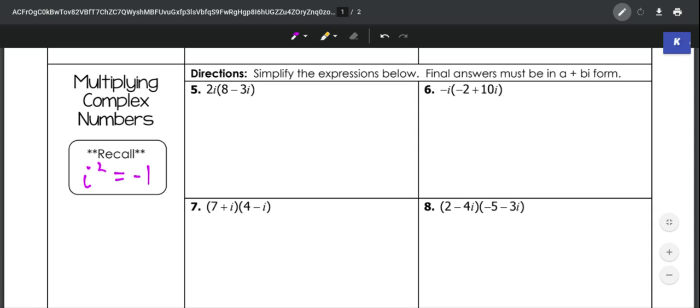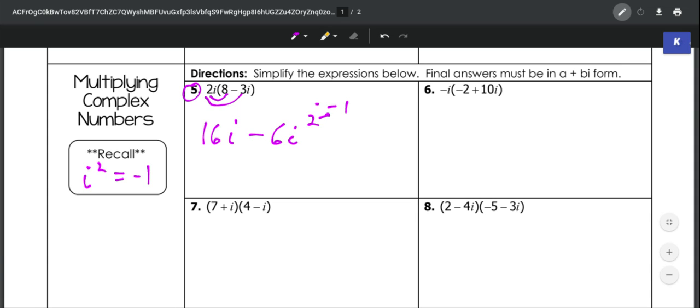So when we're looking at number 5, we have 2i multiplied by 8 minus 3i. So we have to distribute this 2i to both of these. And that will give us 2i times 8, which will give us 16i, minus 2i times a negative 3i will give us minus 6i squared. And you have to remember that i squared is equal to negative 1.